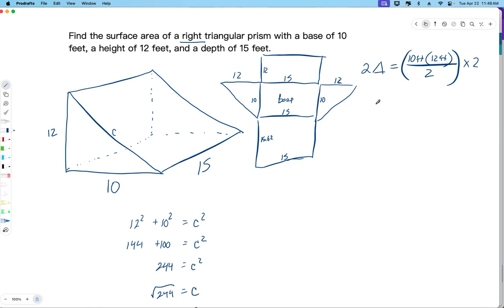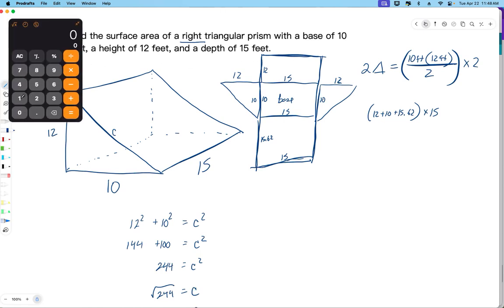So now we can do the calculations for all of those. So we've got 12 plus 10 plus 15.62. All of that is one big rectangle, right? So we've got 12 plus 10 plus 15.62 times 15 feet. So I'm just going to use my calculator and add all those together. 12 plus 10 plus 15.62 times 15 gives me 564.3.